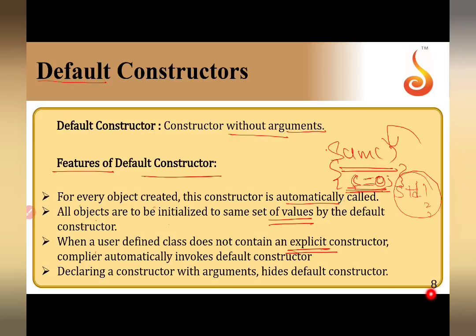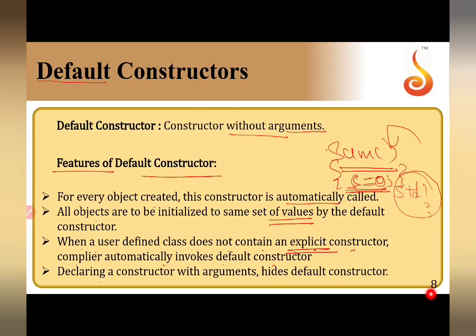That is, when a user defined class does not contain an explicit constructor, the compiler automatically invokes a default constructor.